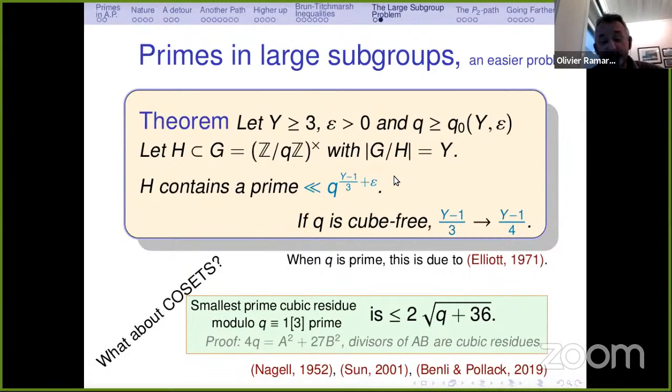So for y equal to 8, you get q to the 7/3, which is huge, it's larger than 2. So this result is not so good. That's the best we get, but as soon as y is equal to 8 or 11, it's awful.